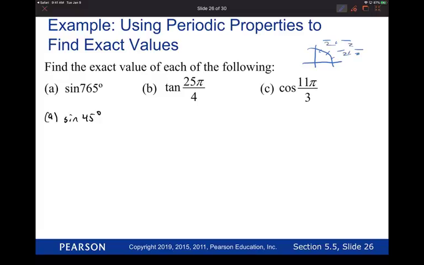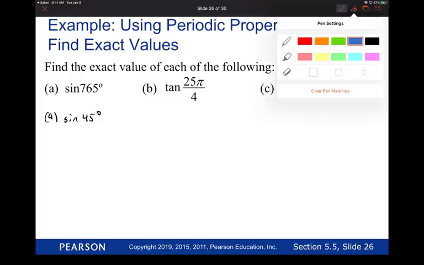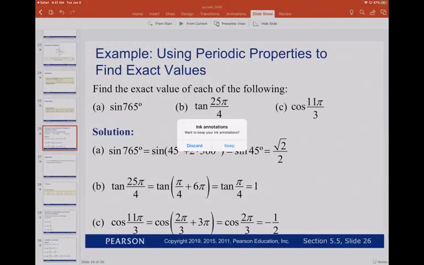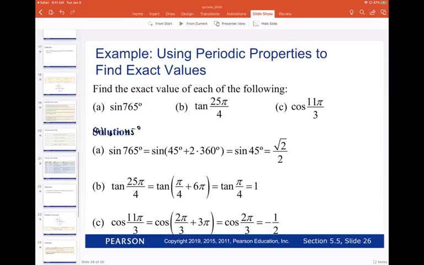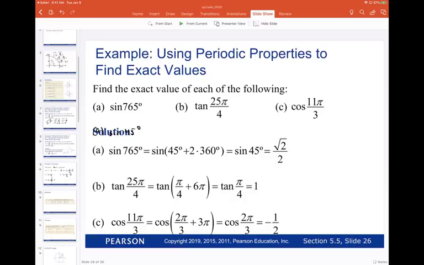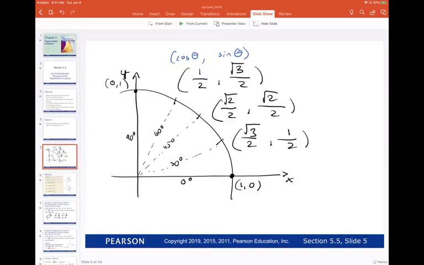I'm a little jammed here. Let me see if I can just load an image. Let me just get a copy of what I've already drawn so I don't have to draw it again. Is everybody comfortable with the construction of this? Do I need to construct it again? Okay, so I'm not going to construct it again.